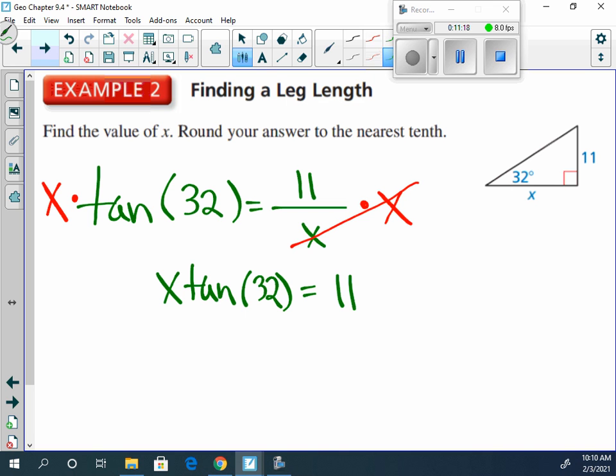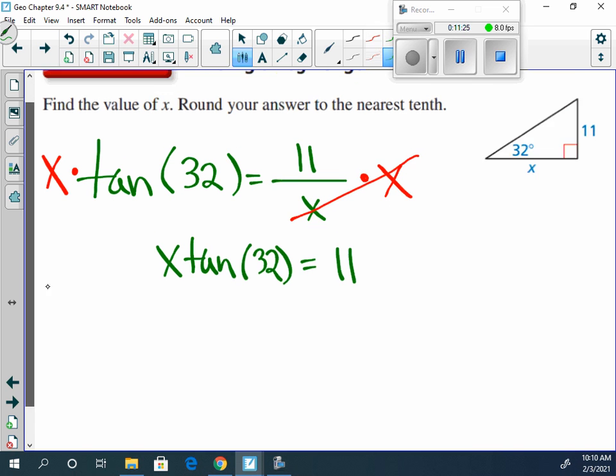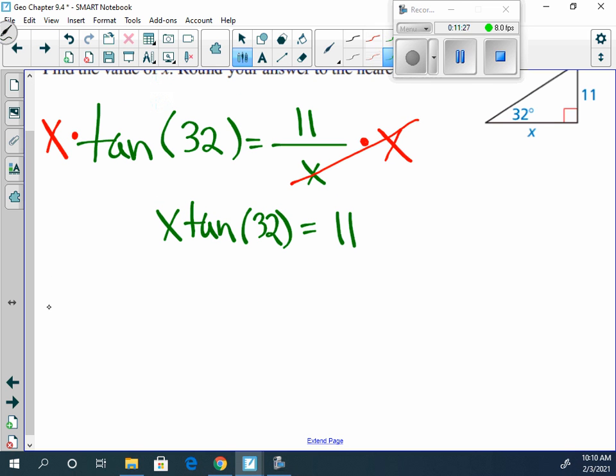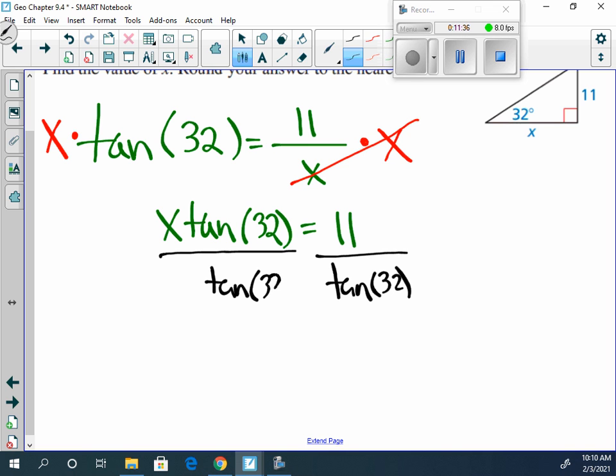Now is the variable by itself? Oh no, we have what? X tangent of 32. So what do we need to do? All right, we need to divide both sides by tangent of 32. Those will cancel, and we get x equals 17 point what?